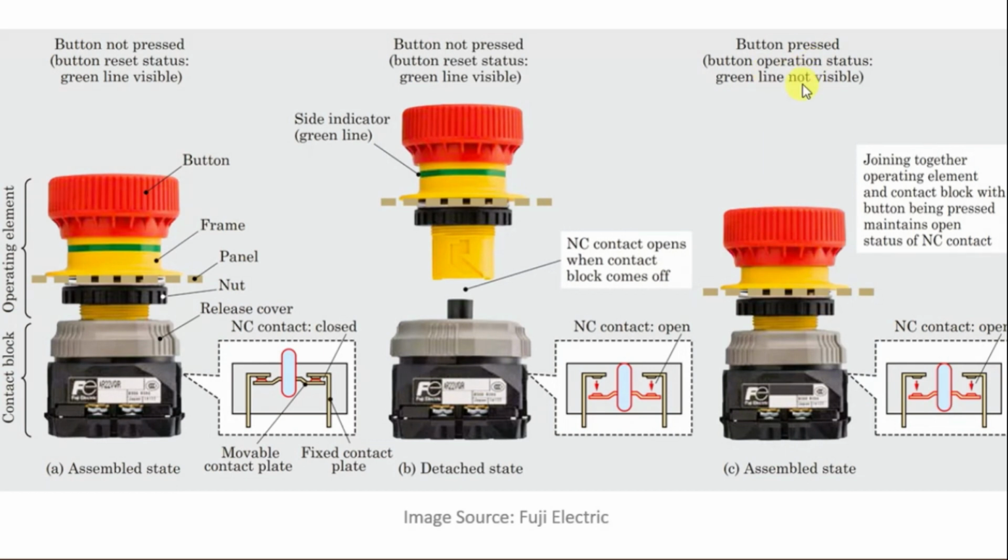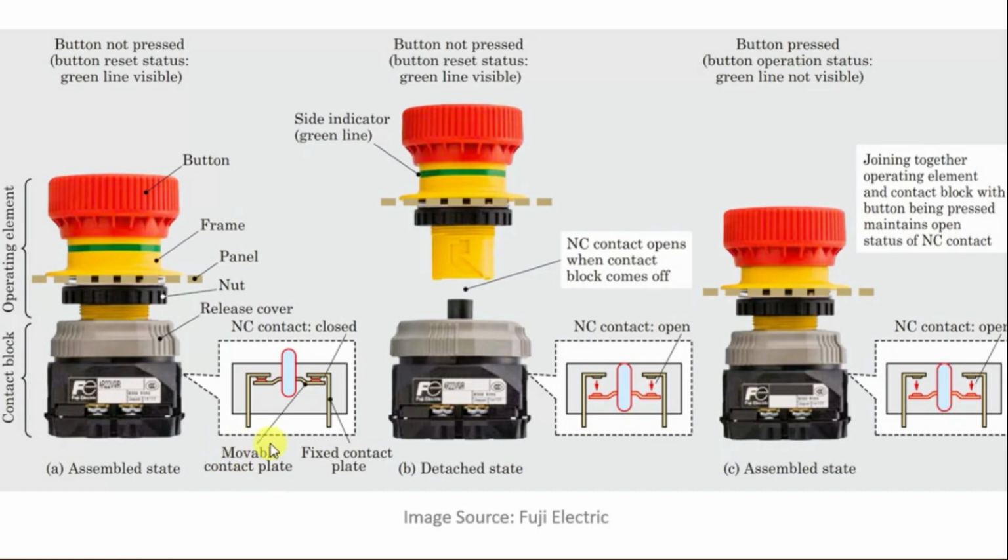Here the button is being pressed, the operation status, and the green light is not visible, because from the off position of the switch, a switch operation, the MOS switch operation, is done and it gets pressed. Joining the operating element and contact block with the button pressed maintains the open status of the NC contact. From the closed position of this contact, here the contact becomes open.